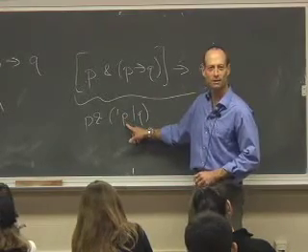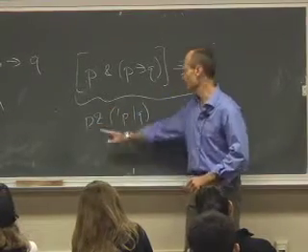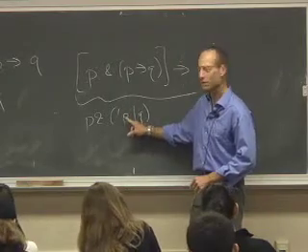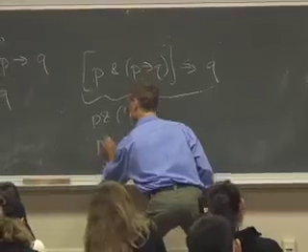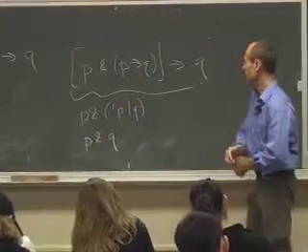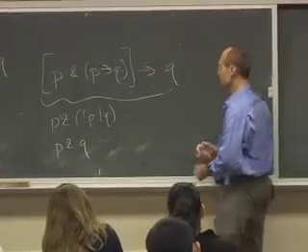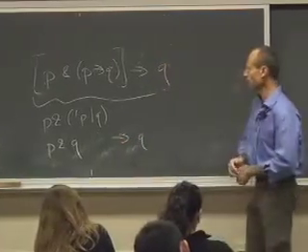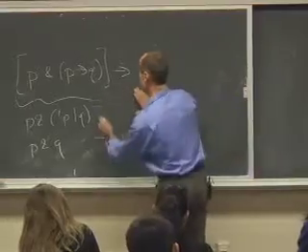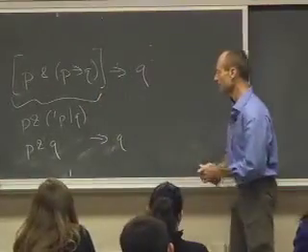No. The only way this can be true is if P is true. If P is true, that's false. So we have false or something, which is just the something. So this evaluates to P and Q. So we've got P and Q implies Q is where we are right now.